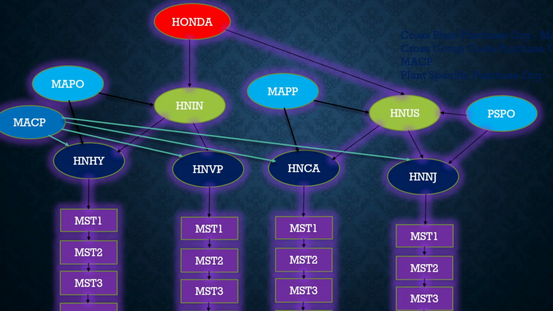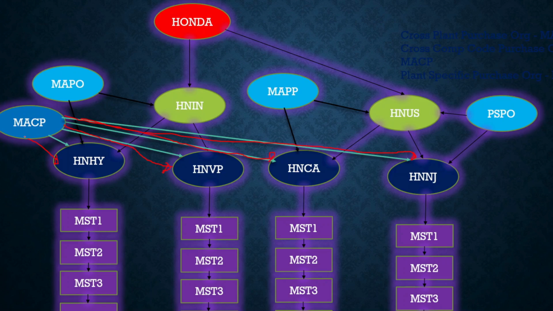Now just talk about this MACP. Can anyone tell me which type of purchase organization MACP is? This is assigned with this plant, this plant also, and this plant also, and this one belongs to a different company code, but it's assigned with this plant also.